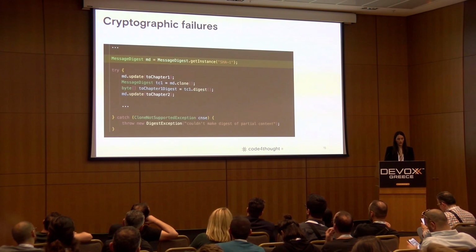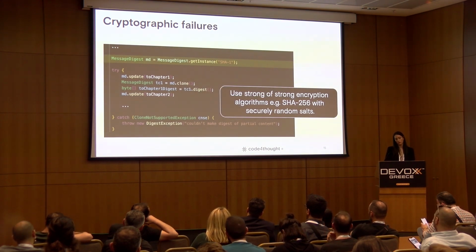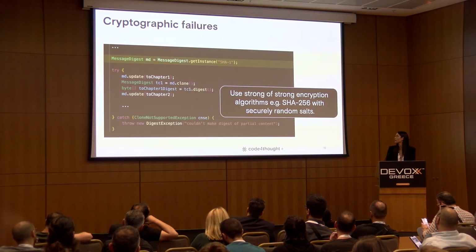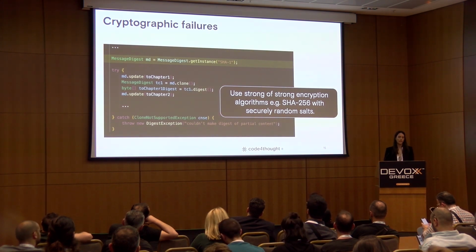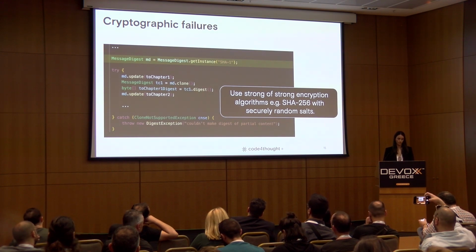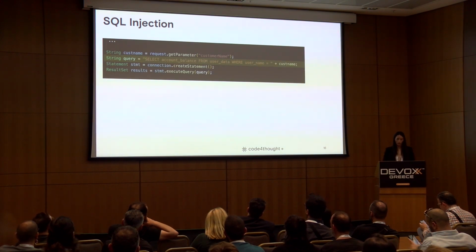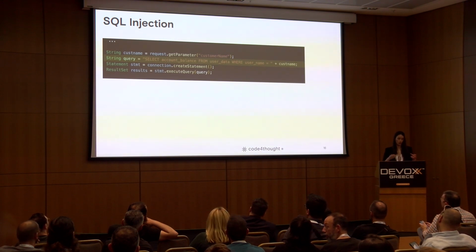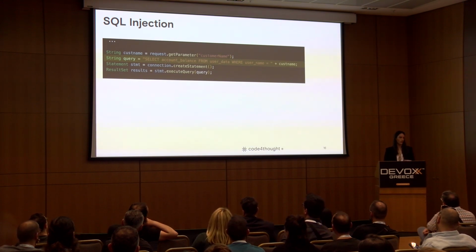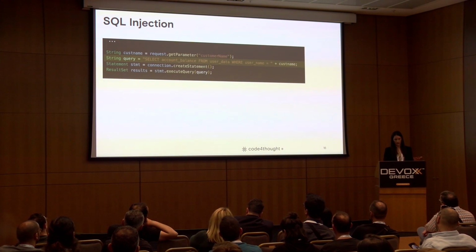In the case of the cryptographic failure, this could be the solution: the usage of a stronger encryption algorithm, with the usage also of securely random salts. Then here we have an SQL injection example where a query is formed with user input without it being sanitized.